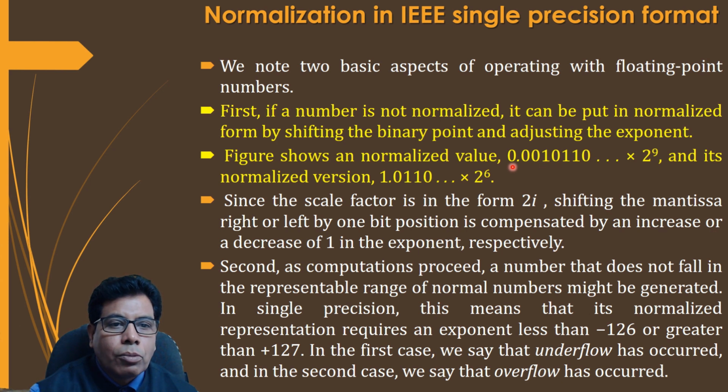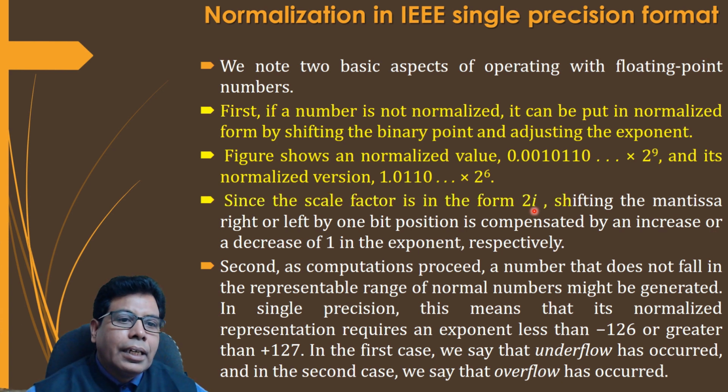So in order to normalize, it has to be put after the 1. So 1.0110, that is how we'll represent this. Now if you put it here, that means 1, 2 and 3, so 3 places you are shifting. So that's why we have to reduce the exponent, because we are shifting towards the right.